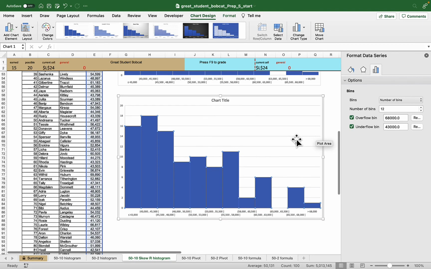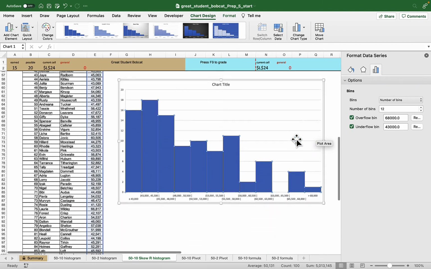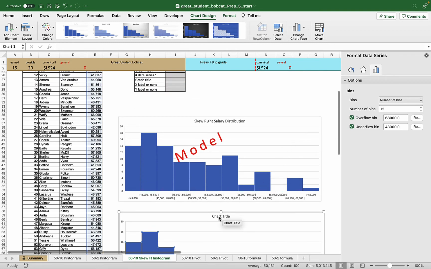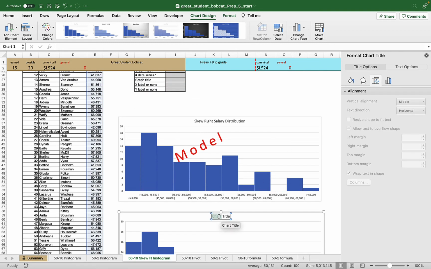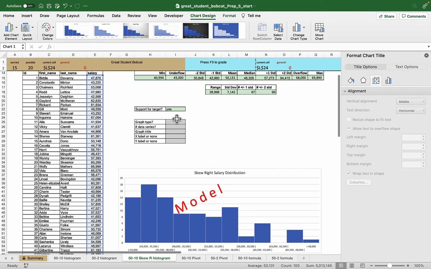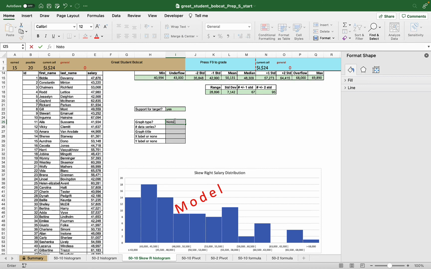Okay, and it looks like we got it. Looks like we matched the model, and then let's just put in the chart title. Skew right salary distribution. Graph type again is a histogram. Number of data series 1, graph title, skew right salary distribution.